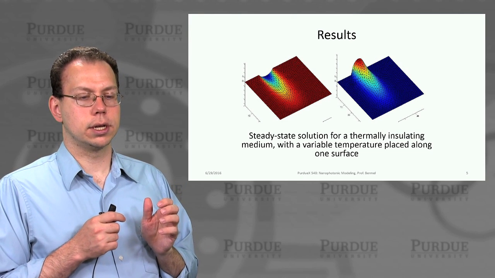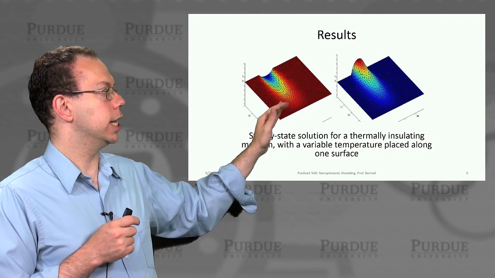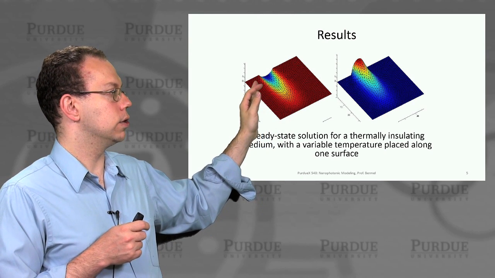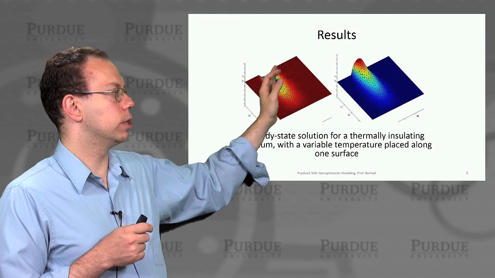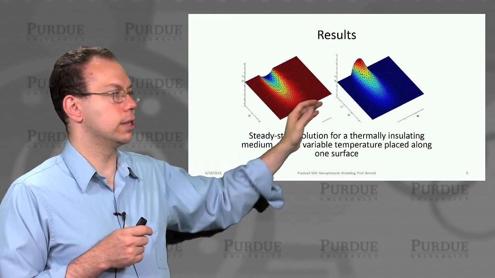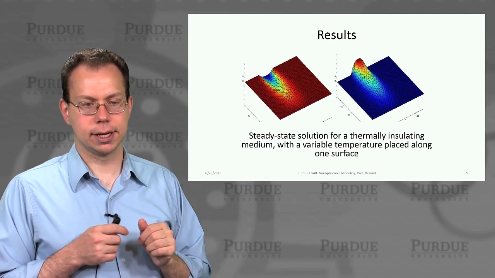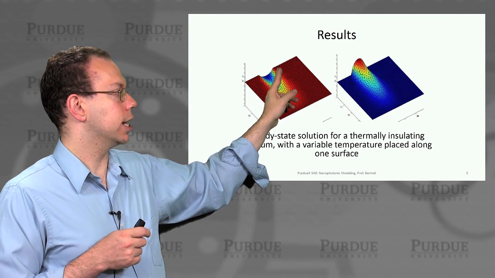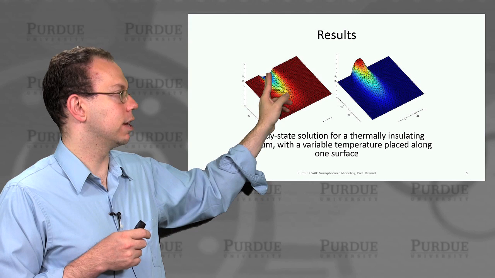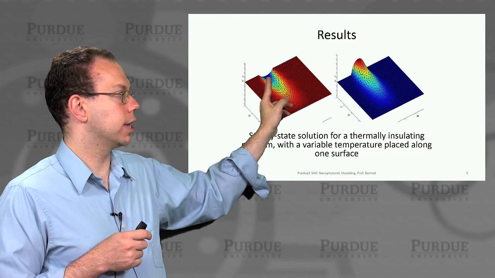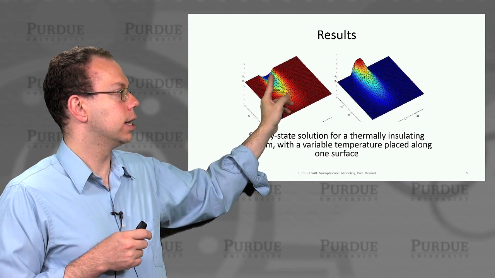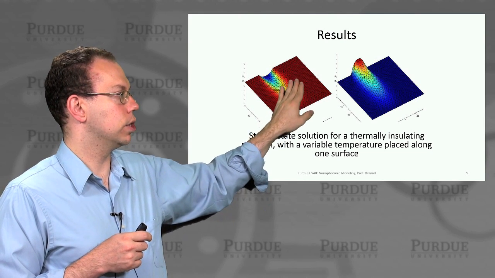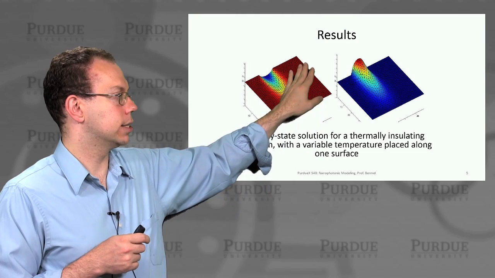This is a thermally insulating medium. So maybe think of glass or something. And you have a variable temperature placed on one surface, and then you're looking at how the temperature propagates through that glass. Basically what it shows is that if you have a dip in the temperature at some specific point, like you're just cooling off a little part of the glass, then it stays cool in that immediate vicinity, but then it slowly equilibrates to what the rest of the system looks like.